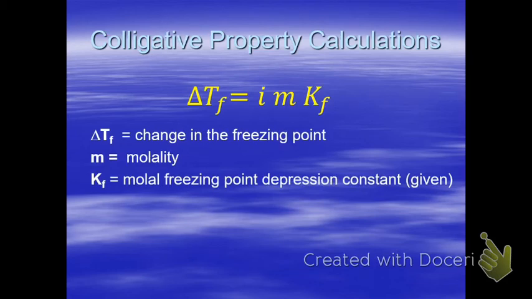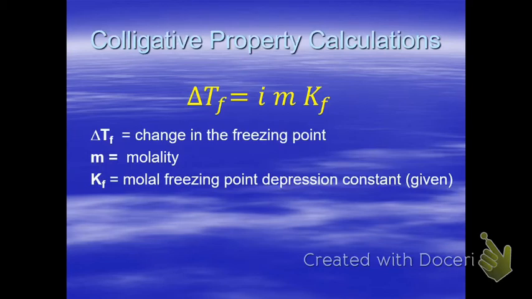Kf is a constant. And in parentheses, it says it's given. If you will notice, you have a chart in your notes that has a whole bunch of different solvents listed. And for each one, you're told if the solvent is polar or nonpolar. You're given what is its normal freezing point. And then the next column has a Kf, a constant value.